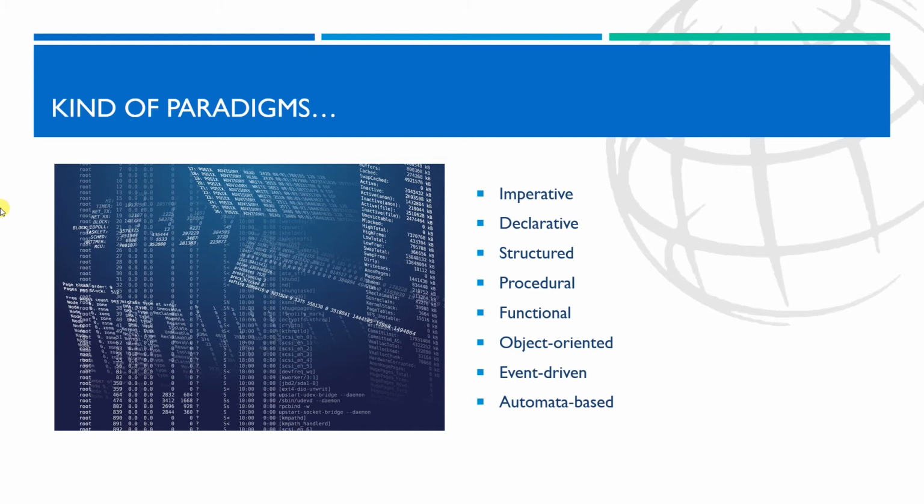The next is functional programming, which treats programs as evaluating mathematical functions and avoids states and mutable data. C++, Elixir, F#, Java since version 8, Kotlin, Python, Ruby, Scala, and JavaScript are some languages that support this kind of paradigm. And of course, object-oriented programming, which is the paradigm we are focusing on in this subject.